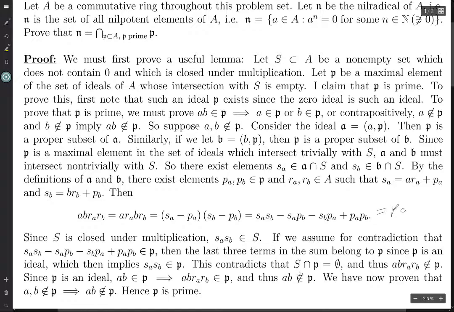But this contradicts the fact, because SASB is an element of S, that S intersected with P is empty.